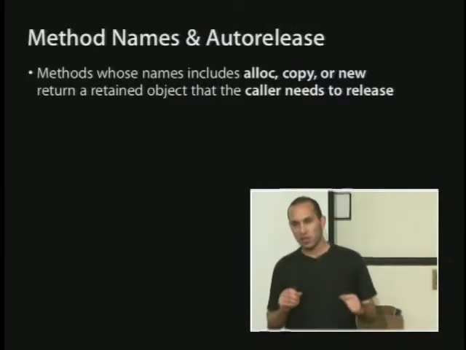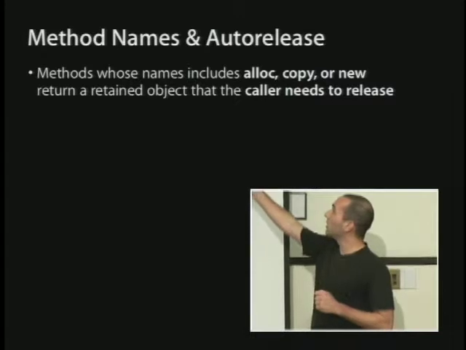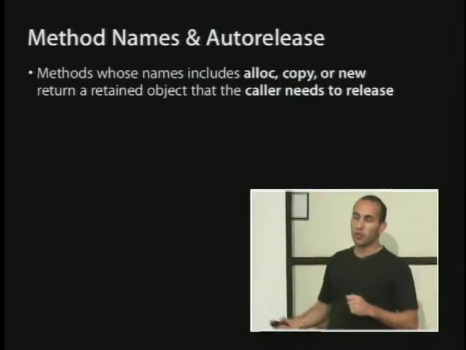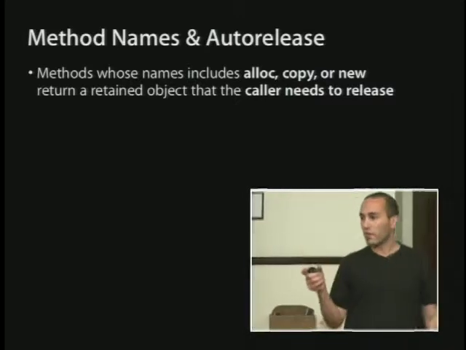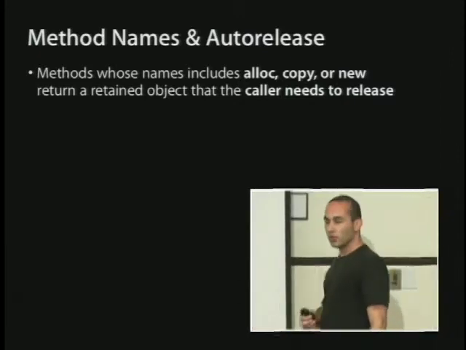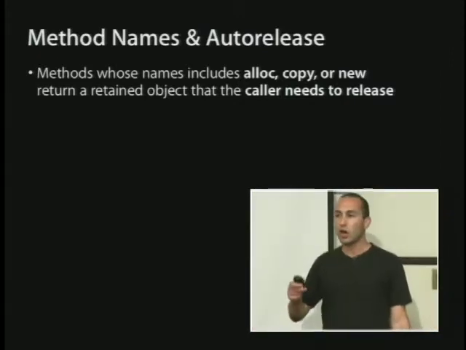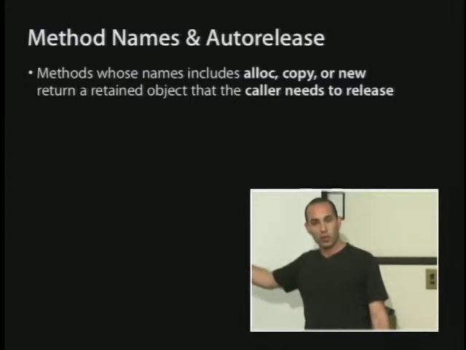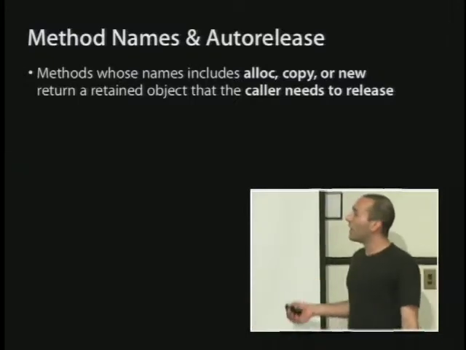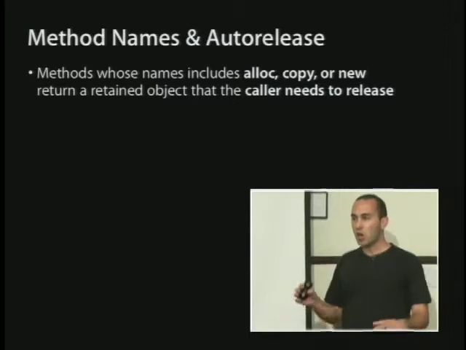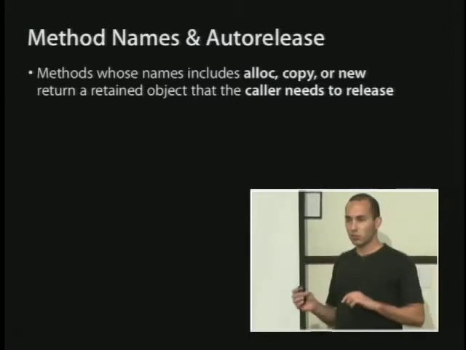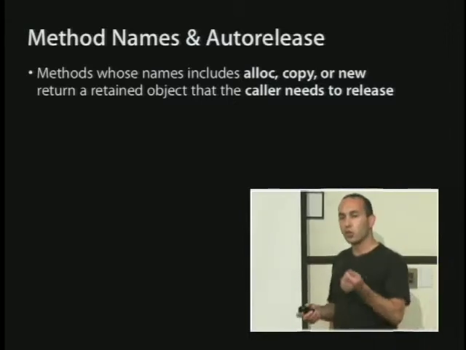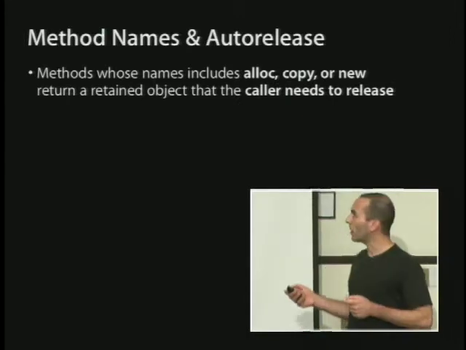The convention is always to say alloc, copy, or new as the prefix for that method. So if you call a method, especially in UIKit or Foundation, that begins with alloc, copy or new, and we've already seen alloc, that's going to return a non-auto-released instance of an object. So you're responsible for decreasing the retain count.